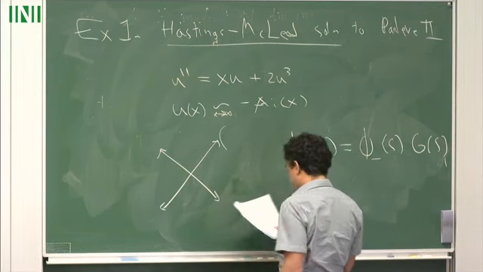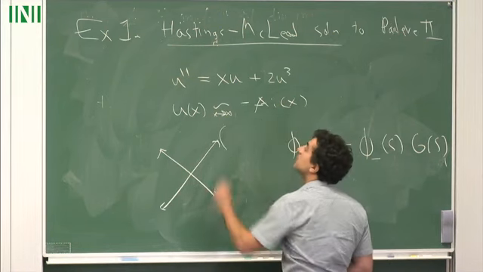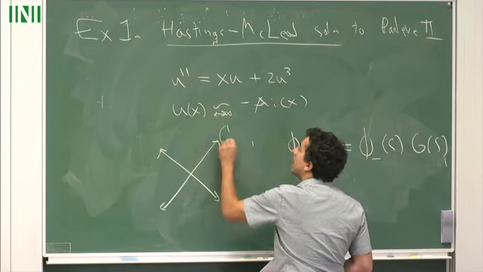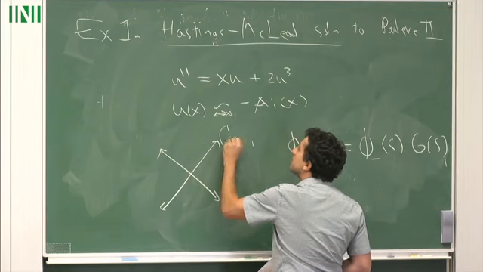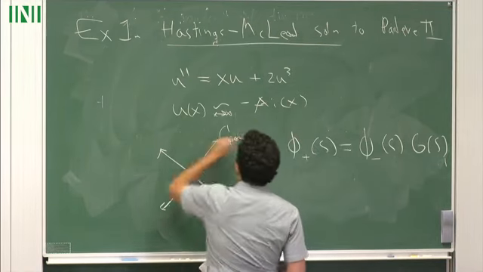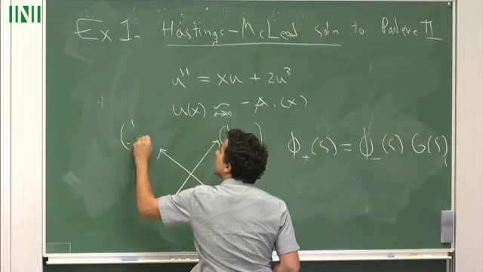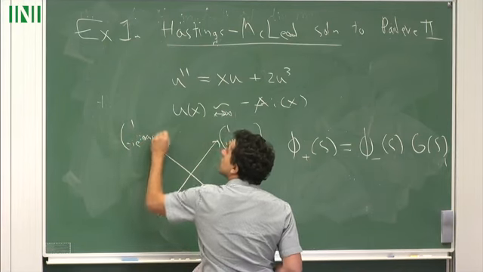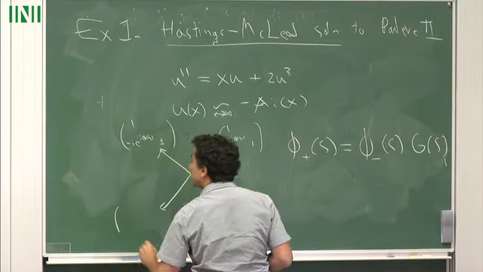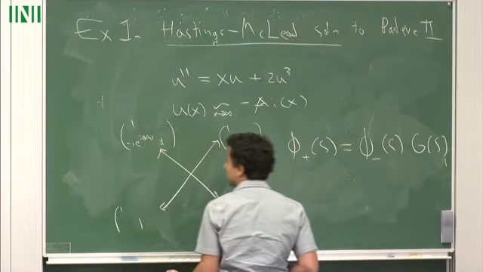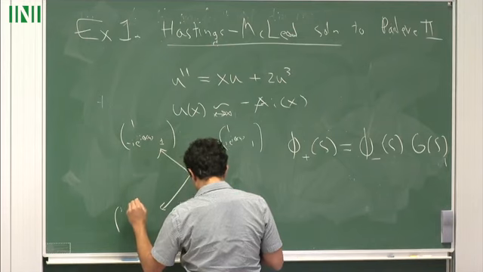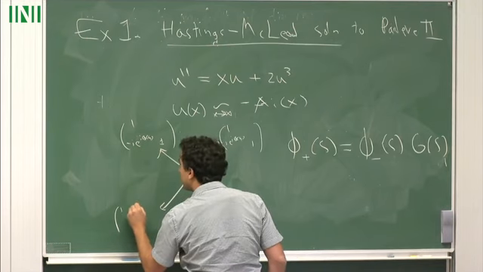What's G? Well, G is very simple. It's just 1, 1, i, e to the i theta of s. So this is a 2 by 2 matrix problem. These are lower triangular matrices. These ones are upper triangular.